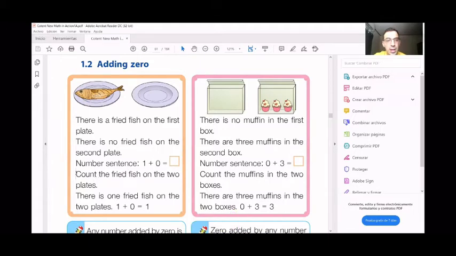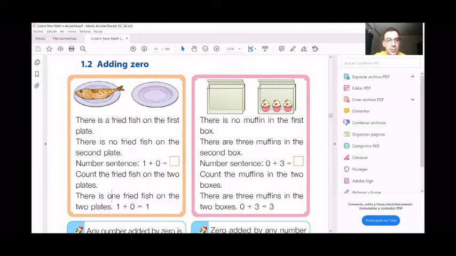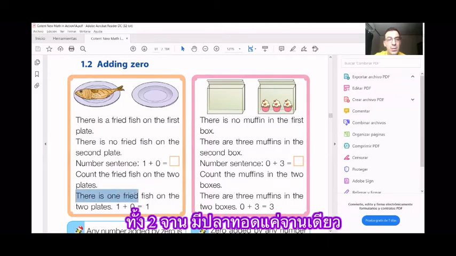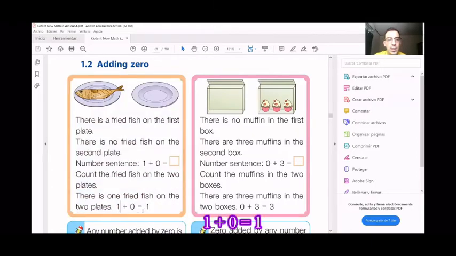Here it says, count the fried fish on the 2 plates. How many fried fishes in both plates? Just 1, right? Because there is 1 fried fish on the 2 plates. 1 plus 0 equals 1.